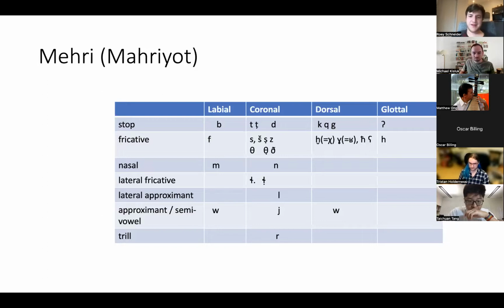So the nicest, one can say, consonantal inventory can be found in Modern South Arabian because it really preserves beautifully both the laterals and the interdentals pretty much as we reconstruct them for Proto-Semitic. Also, the kuf is ejective.